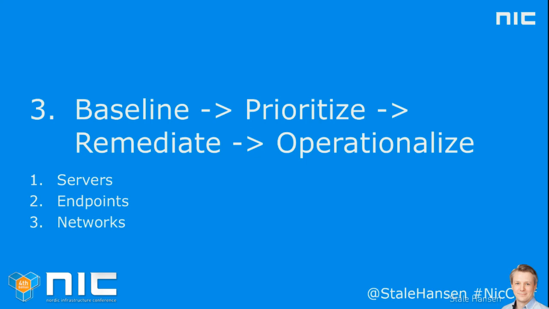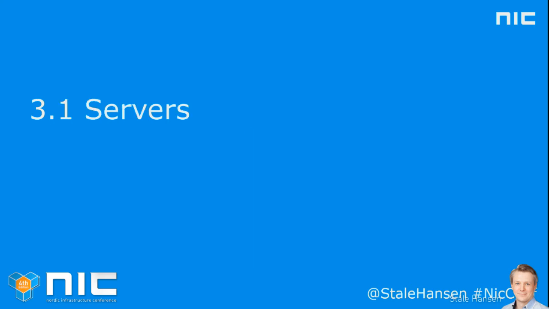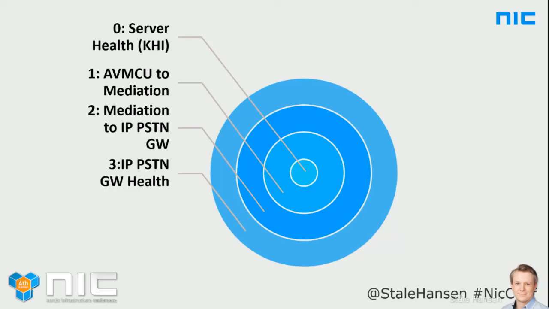So you have servers, endpoints, and network. You do your servers first, which is the key health indicators. Always start with the key health indicators and the performance counters. And then you look at AVMCU to mediation, because you have full control over the network between the front-end server and the mediation server.